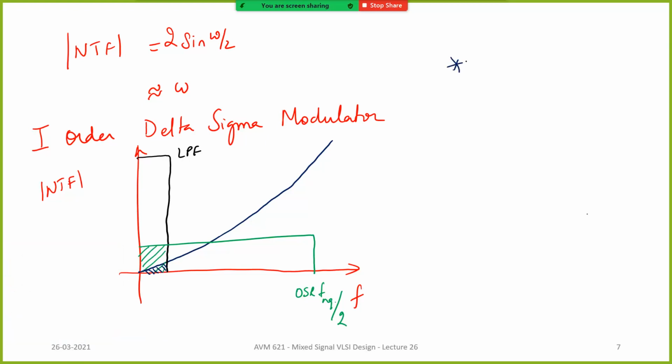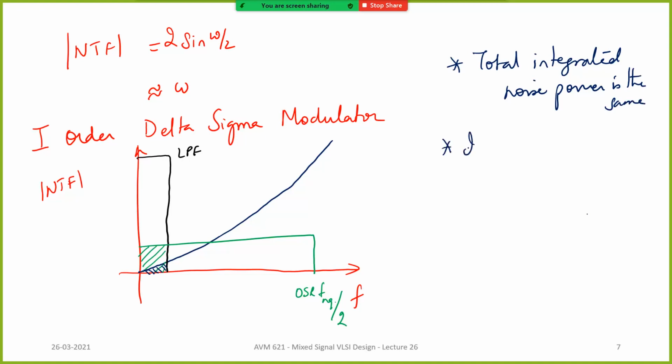The total integrated noise power is the same, but the in-band noise power is reduced, or rather I should say it is shaped.